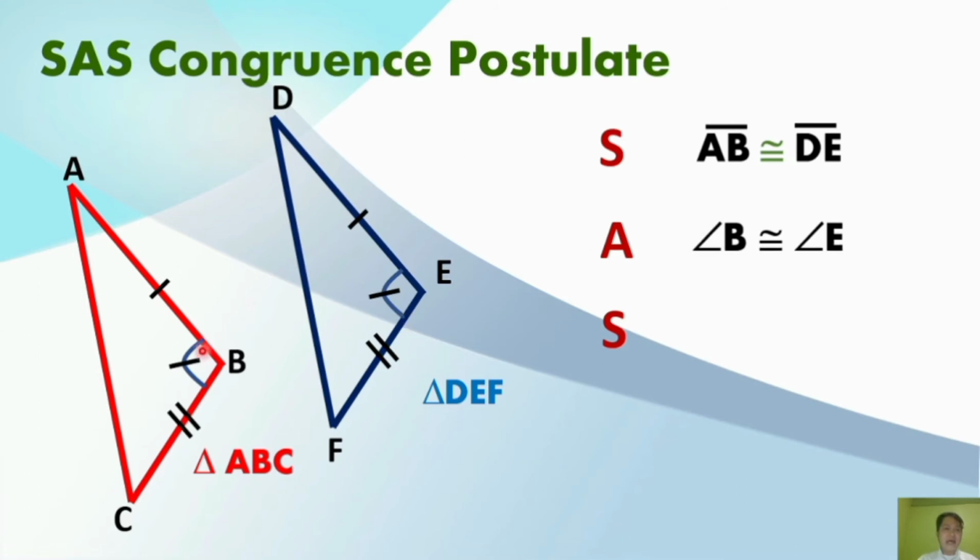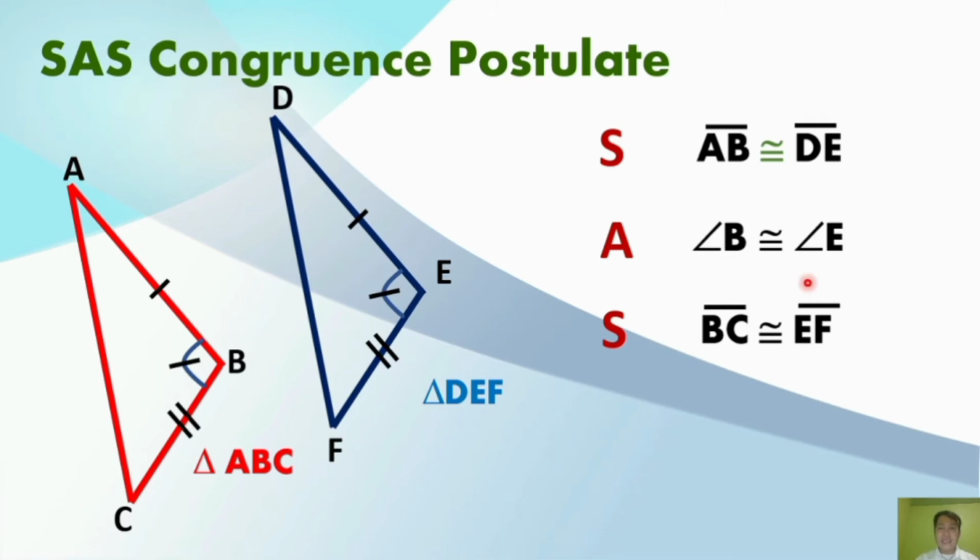And finally, we have side BC corresponds to side EF, or we can say that side BC is congruent to side EF. So we have here three statements saying that two pairs of corresponding sides and a pair of included angles are congruent.